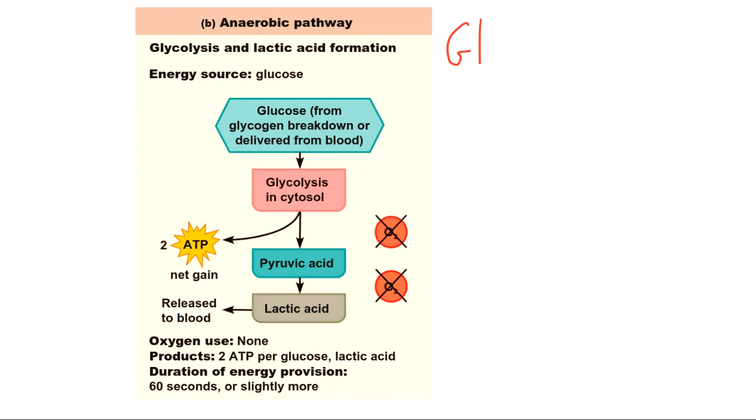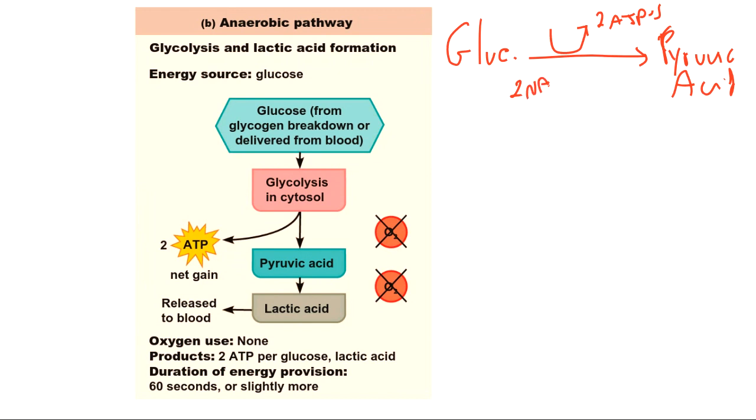So you have glucose, and through the process of glycolysis, pyruvic acid is produced. The process makes a net of 2 ATPs, but the process also creates a net of 2 NADHs, so NAD plus is reduced to NADH.